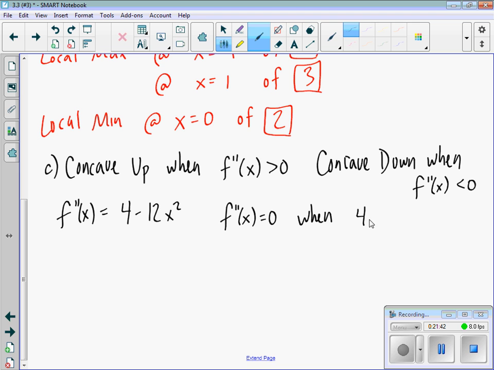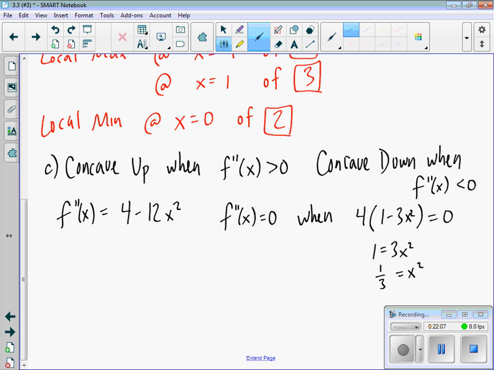Okay, and I'm going to take a 4 out, but you wouldn't have to. And this can't be 0. You could just divide by 4. It goes away. So to get this equal to 0, you'd add the 3x squared over, and then divide by 3.